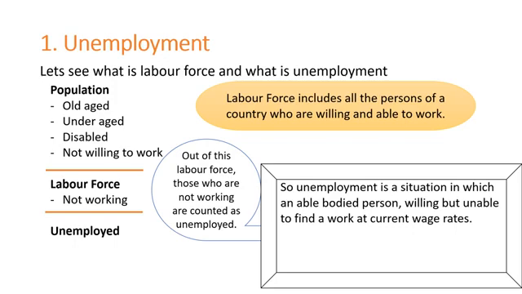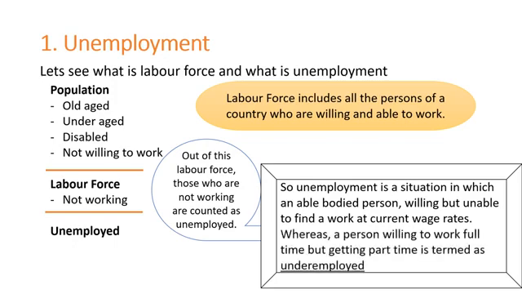So, unemployment is a situation in which an able-bodied person who is willing but is unable to find a work at current wage rate. A person willing to work full-time but gets part-time work is termed as underemployed.